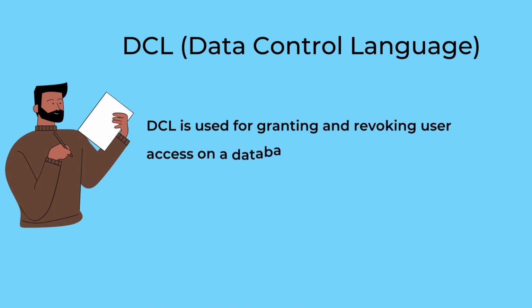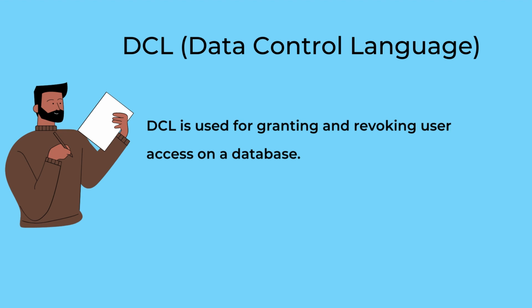Next one, DCL, we call it data control language, which is used for granting and revoking user access on a database. Granting means we are giving different access privileges to different sets of users of the database, where some users will be able to perform only read operations, and some users may get other operations besides read, such as update operations.